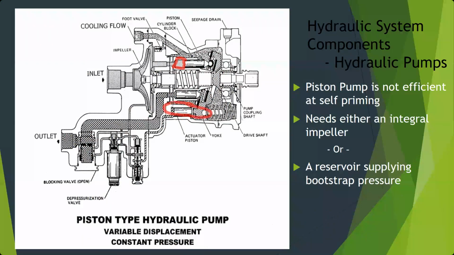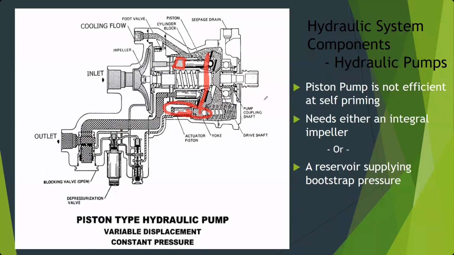And if the pressure starts to get too high in the outlet, this piston will get pushed to the right, and that will move the swash plate to a more vertical orientation. And if it's more vertical, it'll reduce the stroke length of the individual pistons in there.